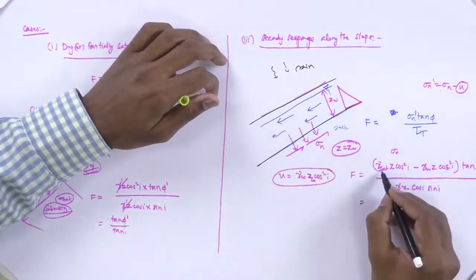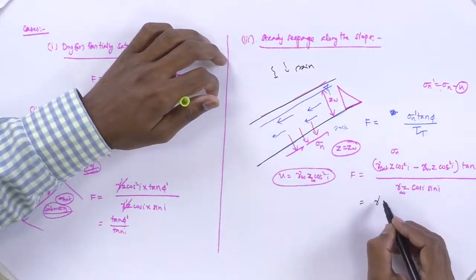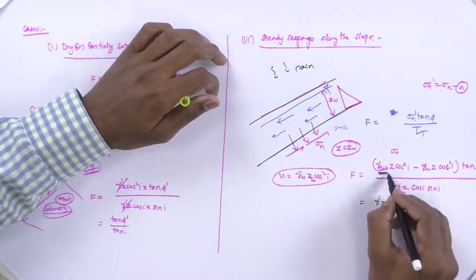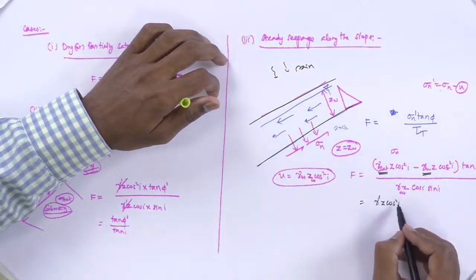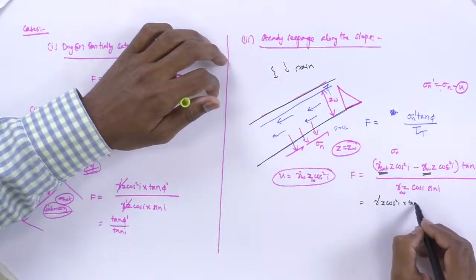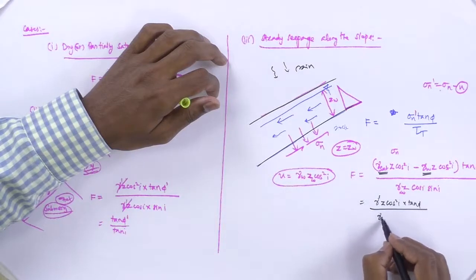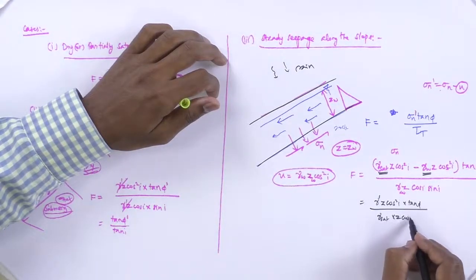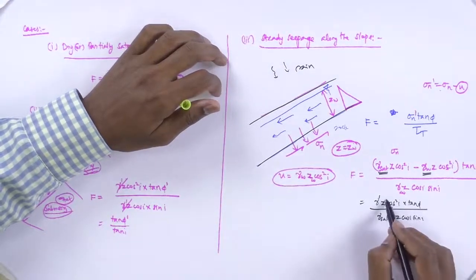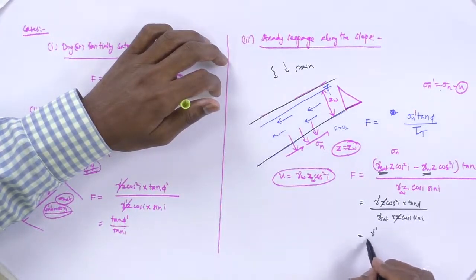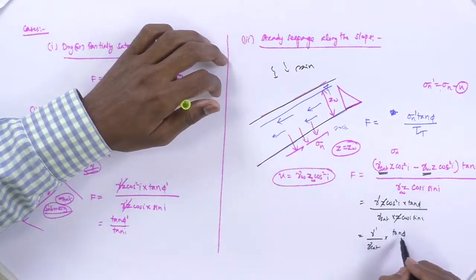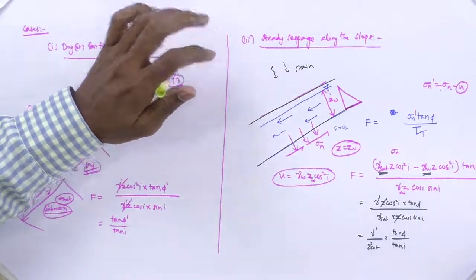So this is going to be the same, gamma sat minus gamma w will become, in gamma sat z cos square i. So gamma sat minus gamma w will be gamma dash z cos square i taken out as a common term, into tan phi remaining. So gamma sat into z cos i and sin i will be remaining. So z gets cancelled. So turning into gamma dash divided by gamma sat into tan phi divided by tan i.